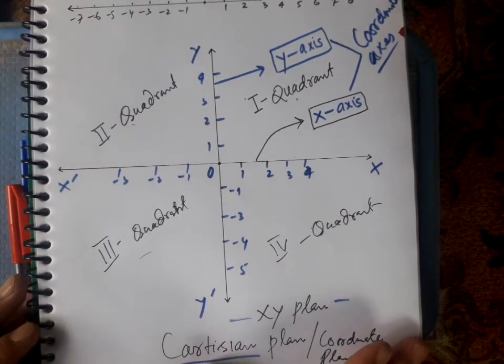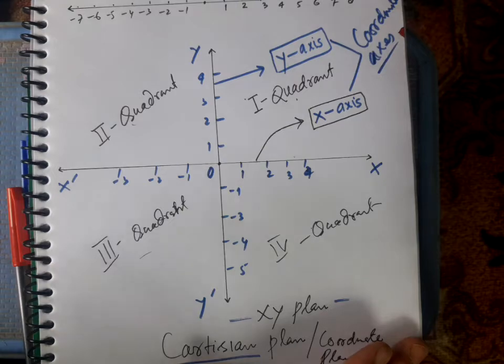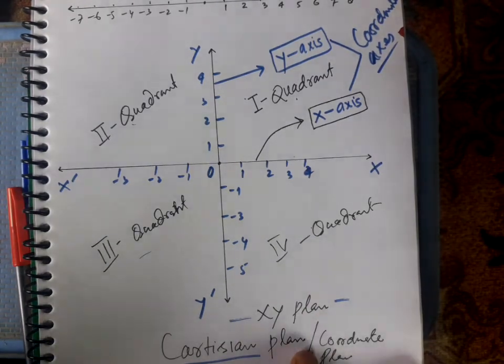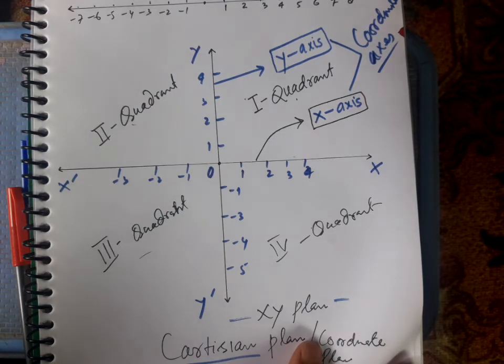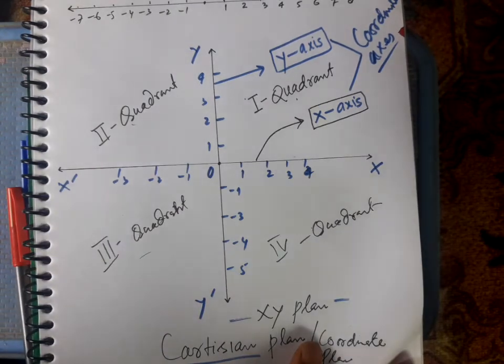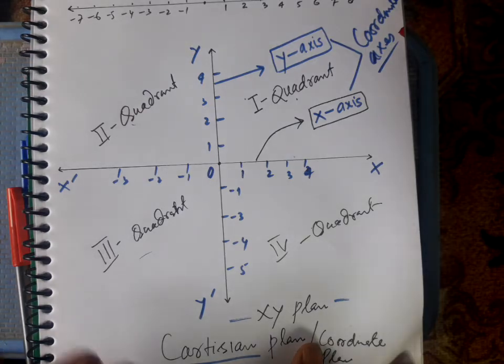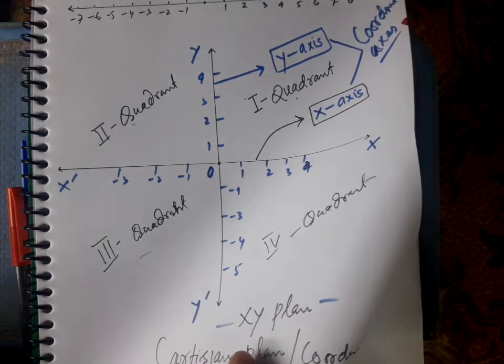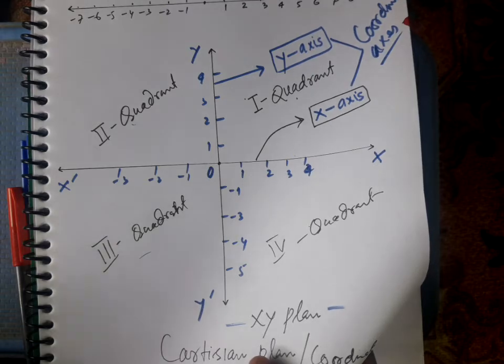Now we will specify the position of a point in this xy plane with the help of two perpendicular distances, that is the distance from the vertical axis and the distance from the horizontal axis. We call these two distances the coordinates. So now let's look at how we can specify the position of a point in a plane.